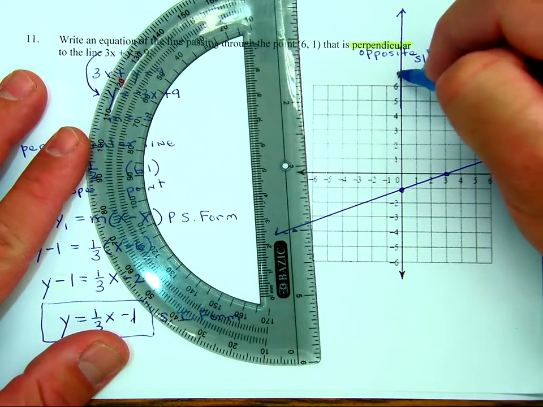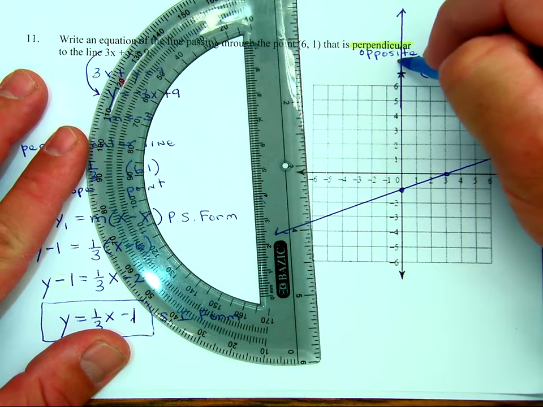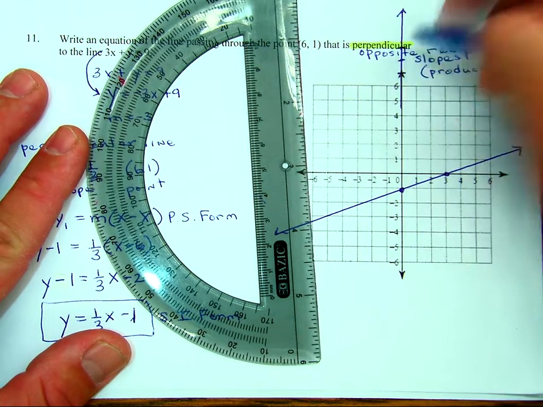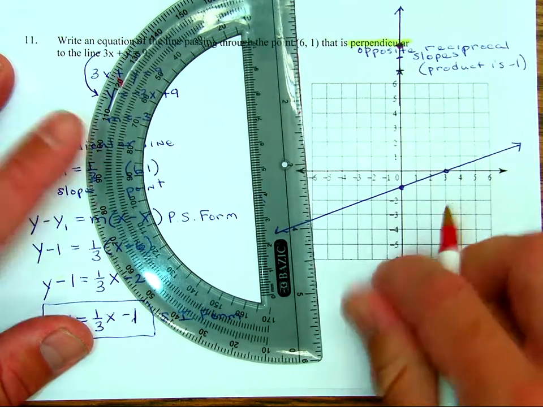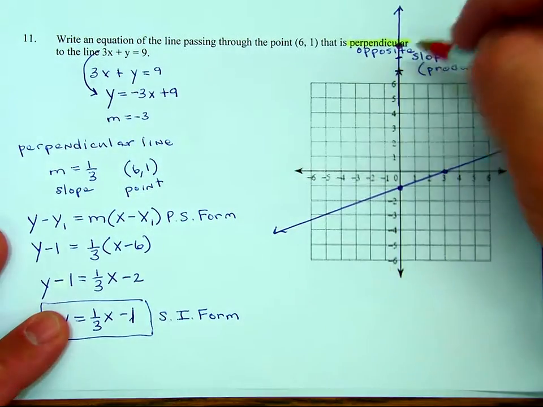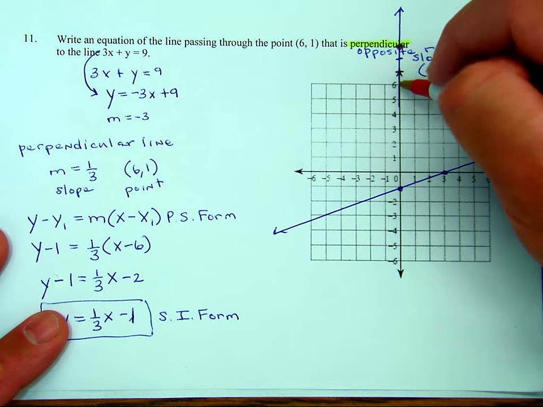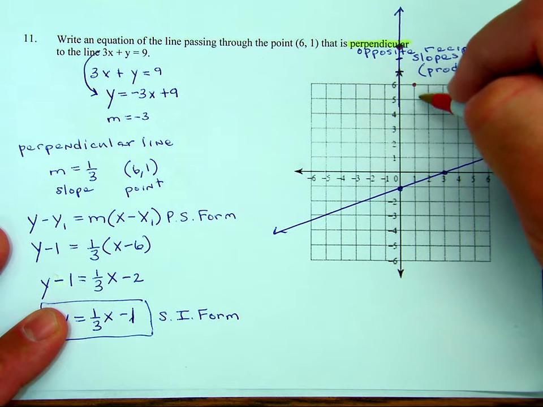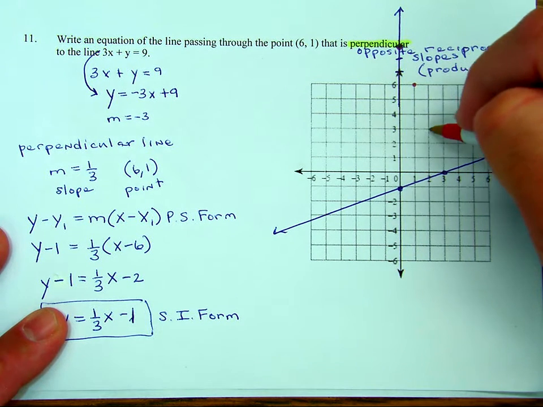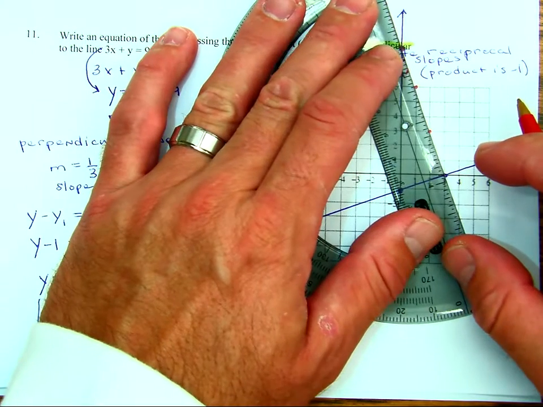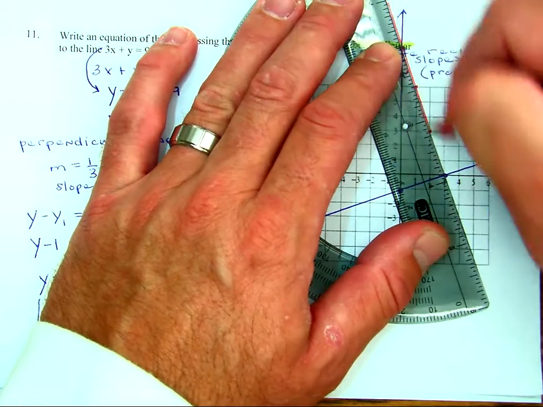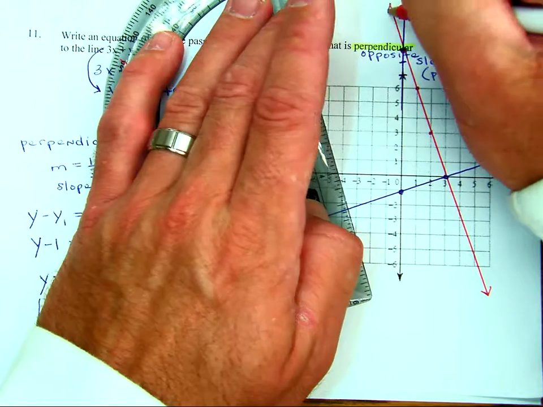So 7 would be approximately right here, maybe 8 and 9. So the y-intercept's up at 9. The slope's -3, meaning if you go down 1, 2, 3 and right 1, down 3, right 1, these lines would be perpendicular, meaning they cross at 90-degree angles.